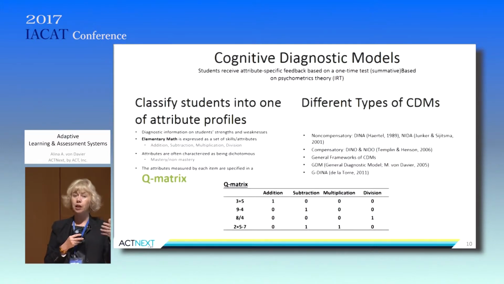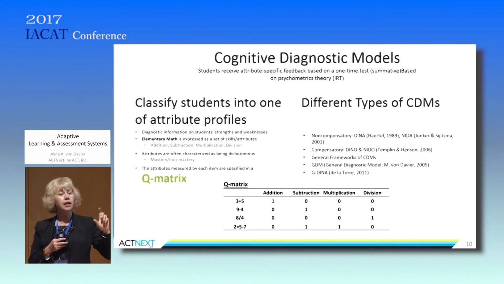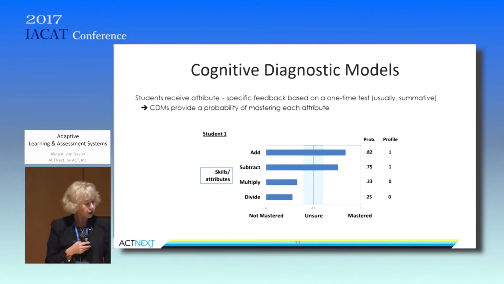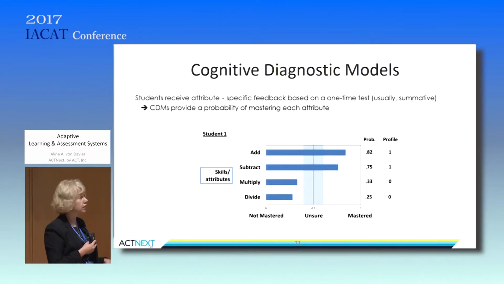So we have a mapping between items and attributes for all ACT tests, math sections. What we are working on is to make this assignment automatic, so that from test form to test form, you automatically get the mapping between items and attributes. And part of that work, by the way, is also going to use more of the content tagging than anything else. So that's one priority for us at the moment.